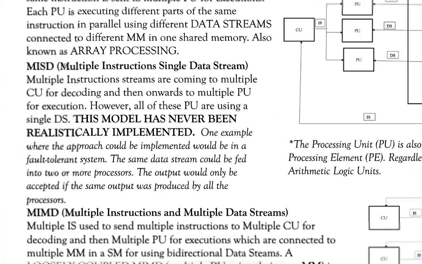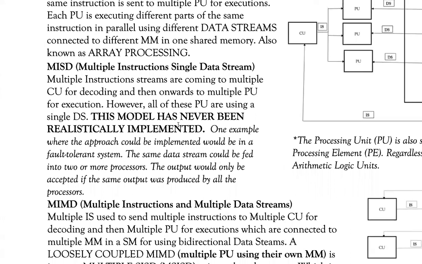Now let's talk about the MISD approach. MISD is something that doesn't exist in any architecture; it is basically a theoretical implementation. But if it were to be used, the best possible scenario for it is a fault tolerant system. Basically, MISD means that I have multiple instructions.